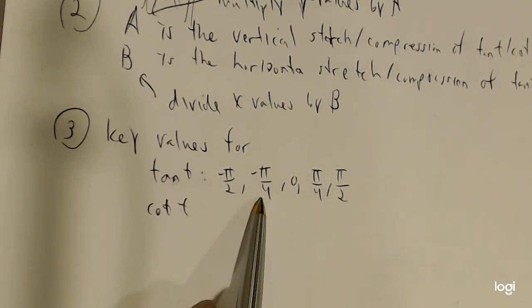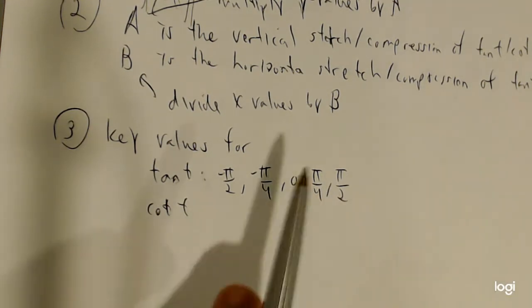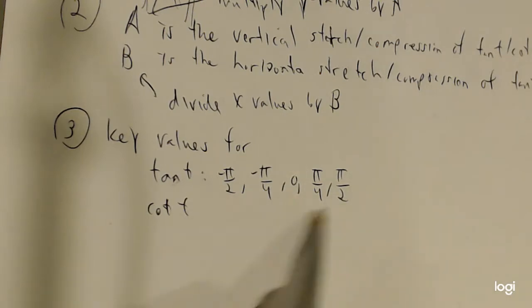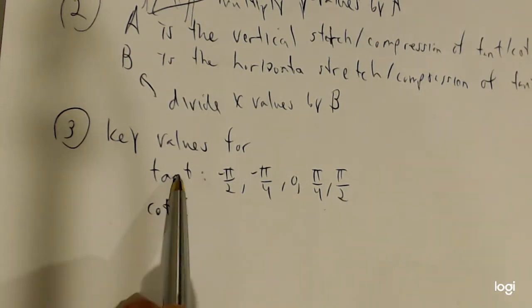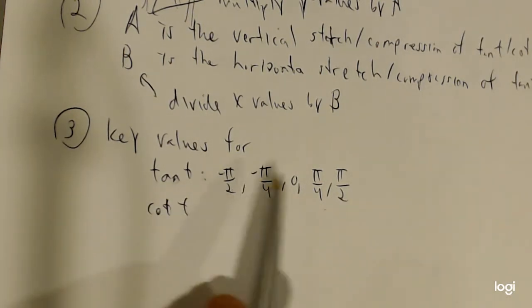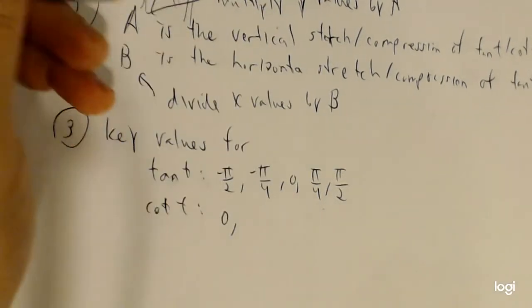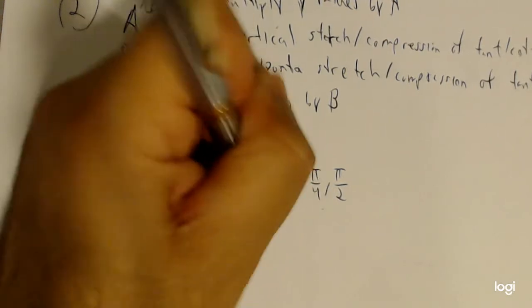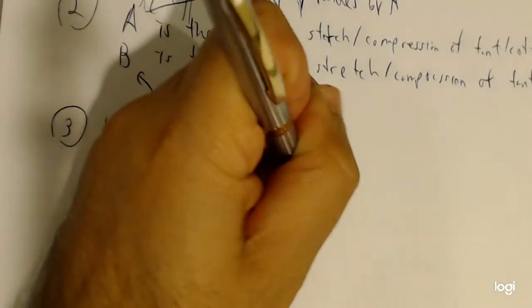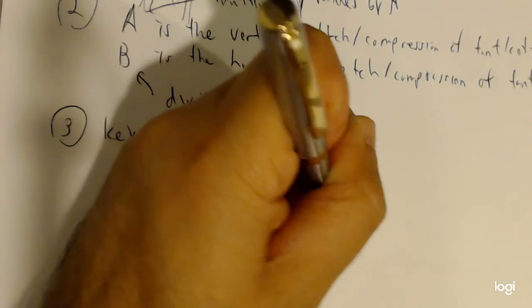Tangent of negative pi over 4, that's negative 1. Tangent of pi over 4, that's 1. Tangent of 0 is 0. So once again, the values we're picking are producing outputs that are either negative 1, 0, 1, and then undefined. So for cotangent, the key values are 0, pi over 4, pi over 2, 3 pi over 4, and pi.